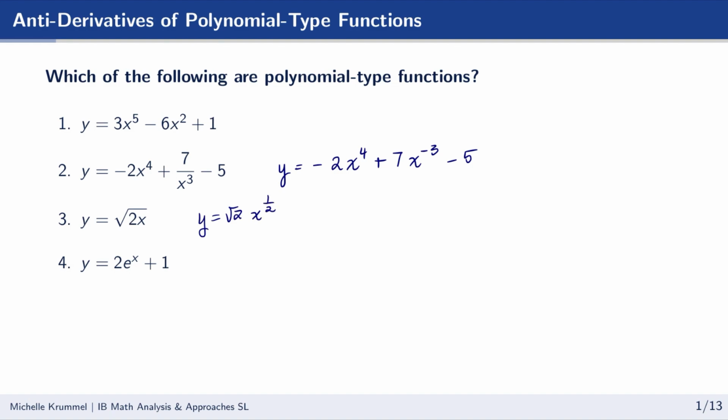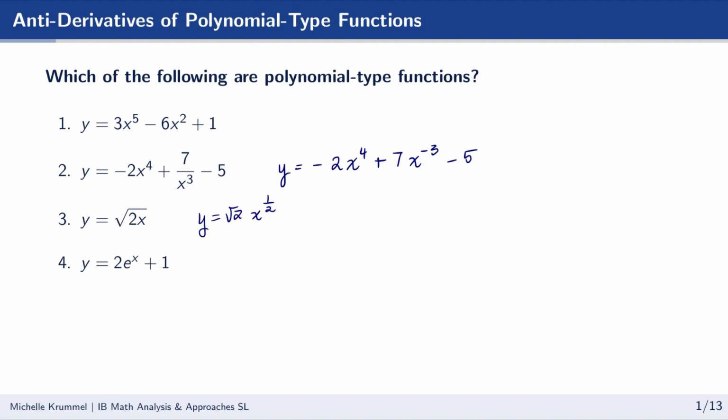And that is an equivalent form. So now it's polynomial type because we have the constant multiple, root 2, and then x raised to a constant power of 1/2. It's not a polynomial function because polynomial functions have whole numbers as their exponents, or 0.